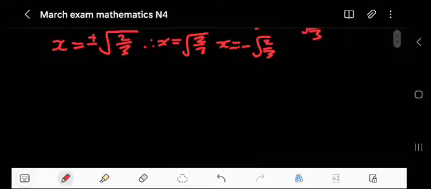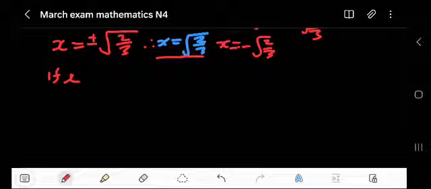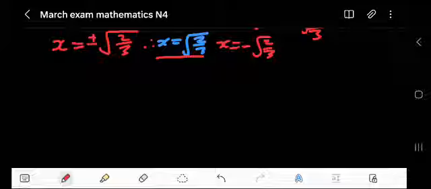So let us find the y values. Remember, we want the coordinates, not only the x values. If our x is equal to the square root of 2 over 3, we want y.